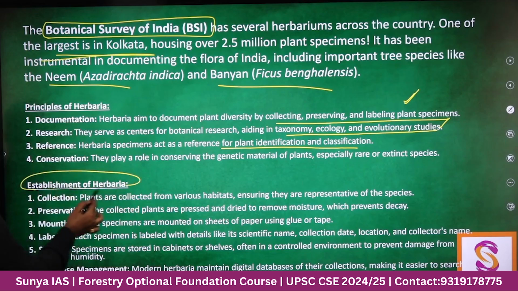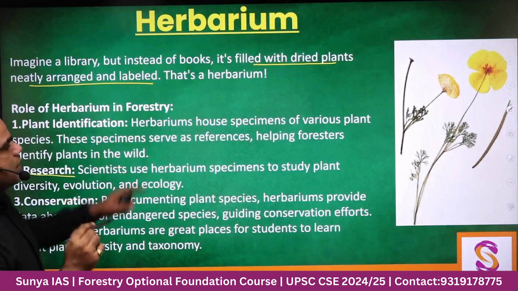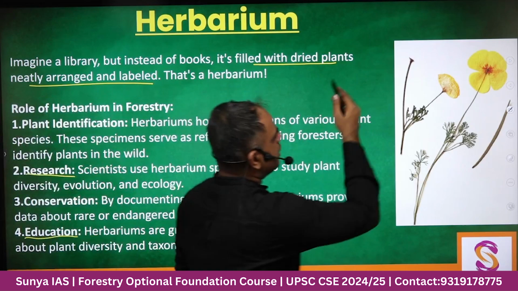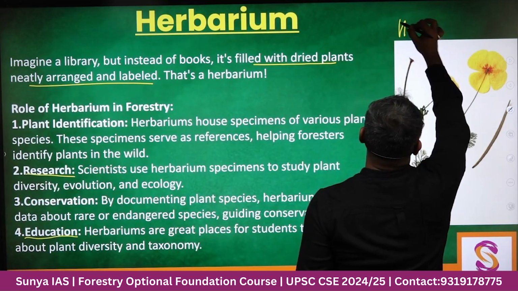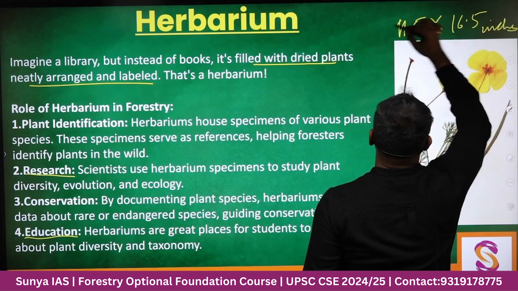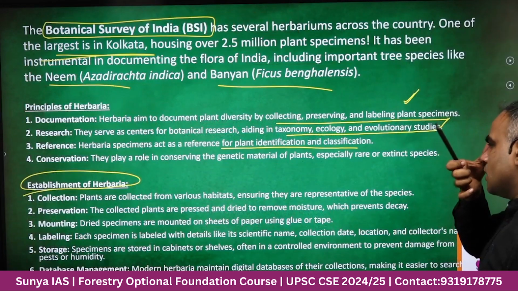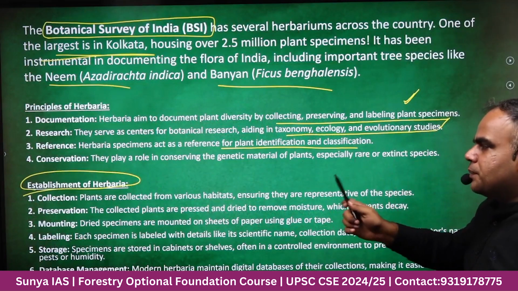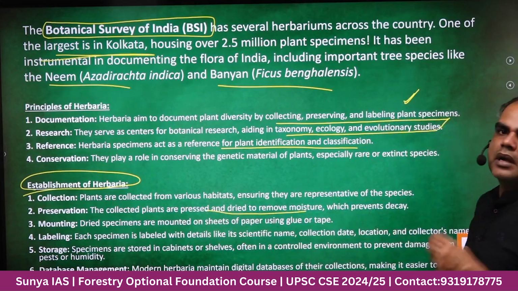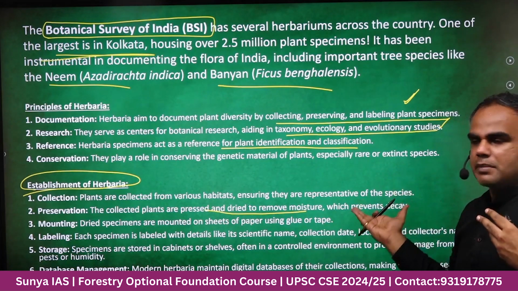How can it be established? Let's say you have a herbarium sheet. You can just write down that a herbarium sheet is 11.5 by 16.5 inches. So: collection, then preservation, where they are pressed and dried. Why dried? Remember we've done this in seed drying, to remove moisture, otherwise they will get damaged.